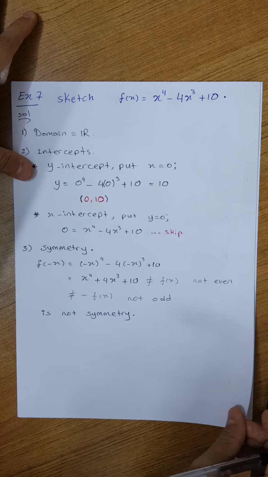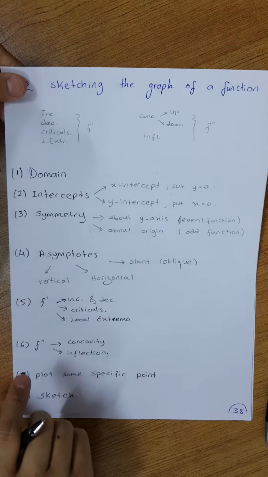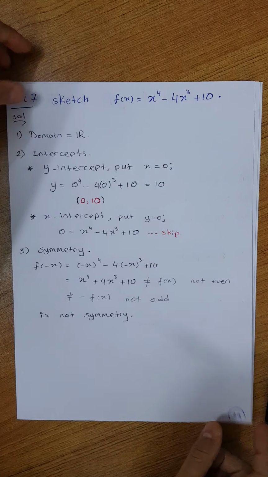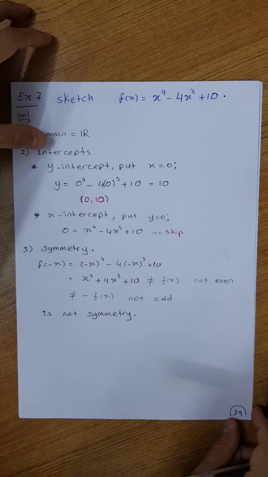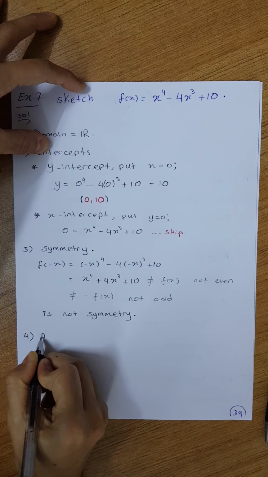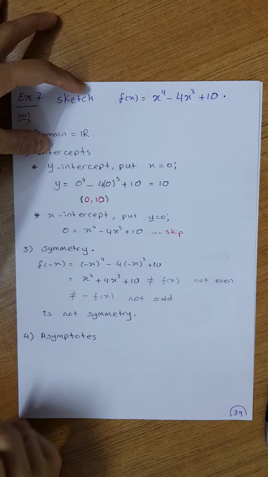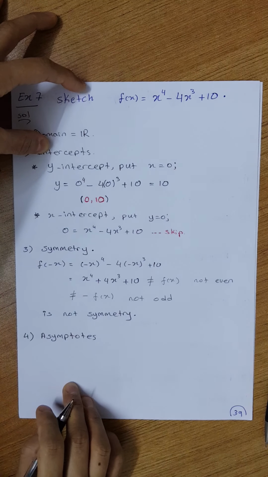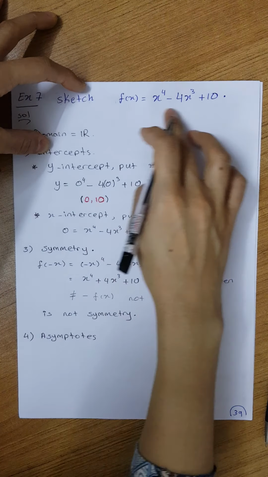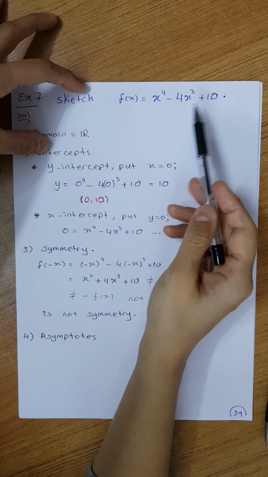What is the fourth thing that we have got? We did those asymptotes. We have got vertical, horizontal, and slant asymptotes. So the fourth thing is asymptotes. If you look at that function, for vertical asymptotes, do I have a denominator?